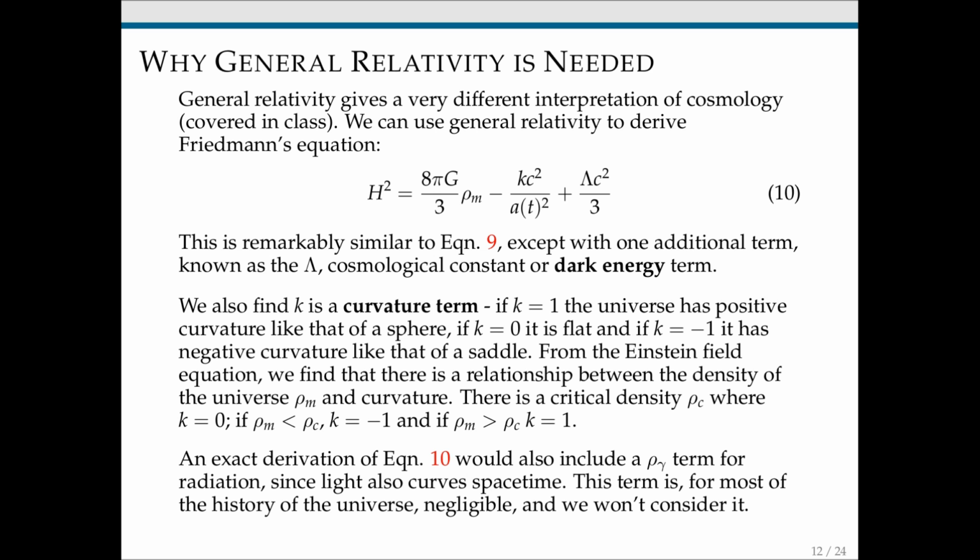There's a critical density where k is equal to 0, and if rho m is less than the critical density, k is equal to minus 1, and if rho m is greater, k is equal to 1. An exact derivation of this equation would also include a radiation term, since light also curves space-time, but we're not going to care about it since for most of the history of the universe, this is a negligible term.